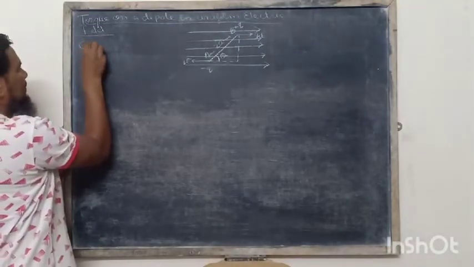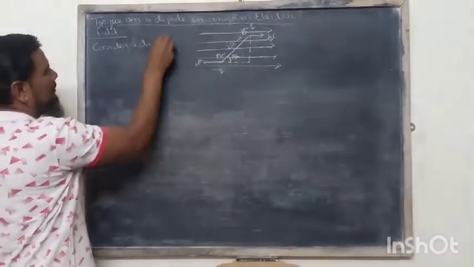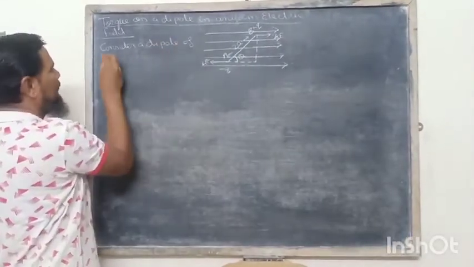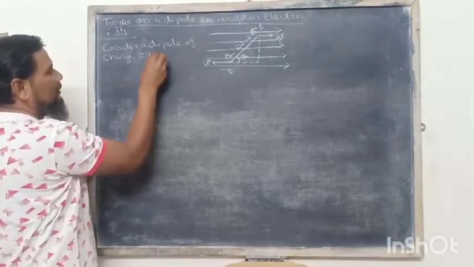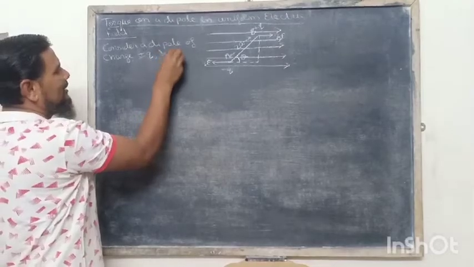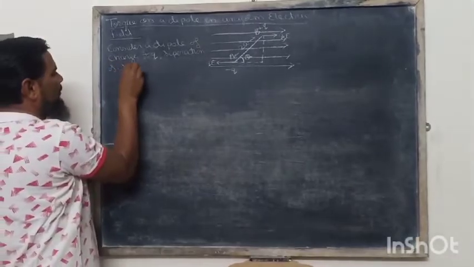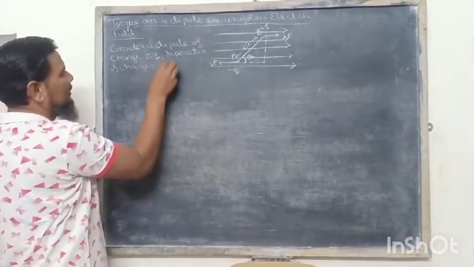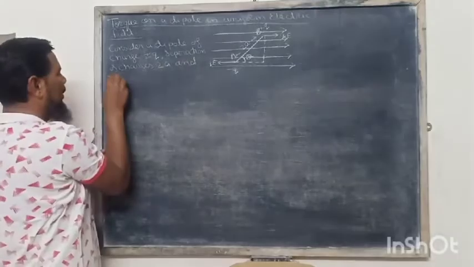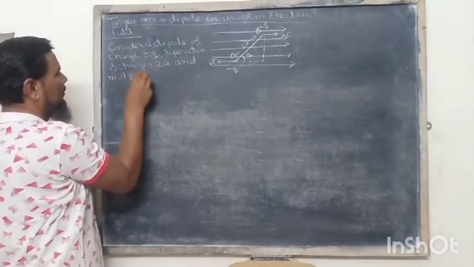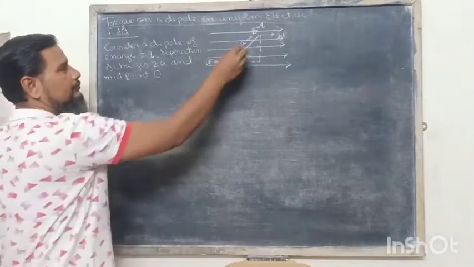Now consider a dipole of charge plus minus Q, separation of charges 2a, and midpoint O. This is the midpoint.